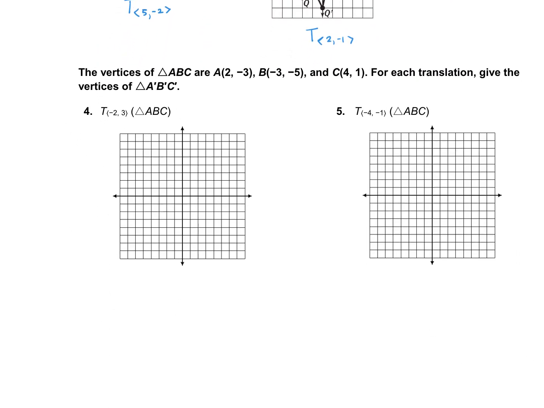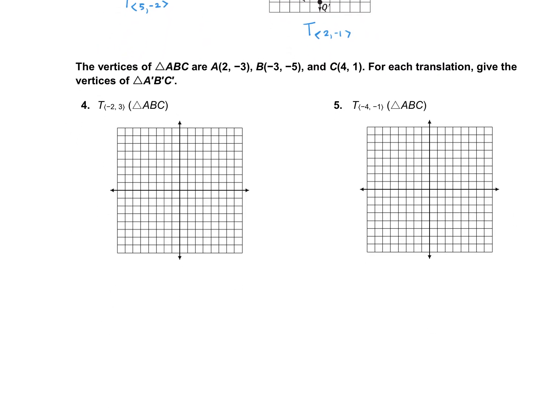Okay, so the vertices of triangle ABC are, we got A, B, and C coordinates. For each translation, give the vertices of A prime, B prime, C prime after this translation. So here's one thing you guys can do with your translations. So we know that A is the ordered pair 2, negative 3.